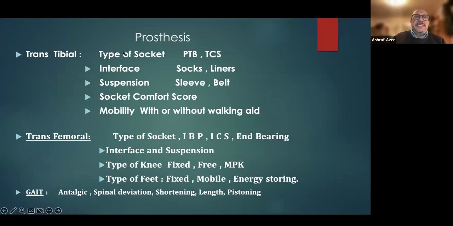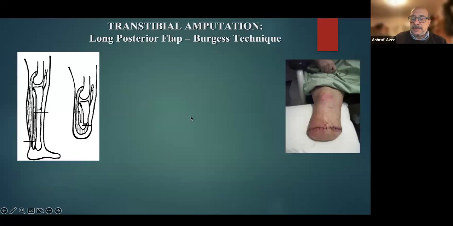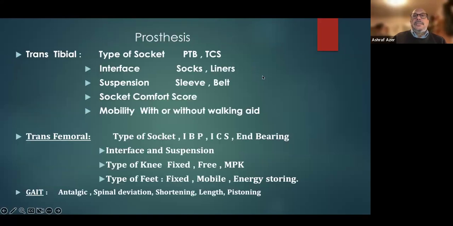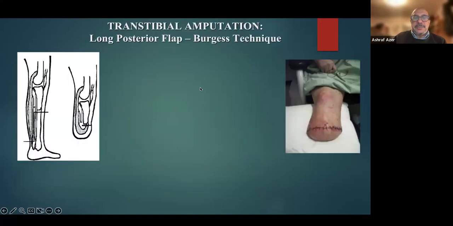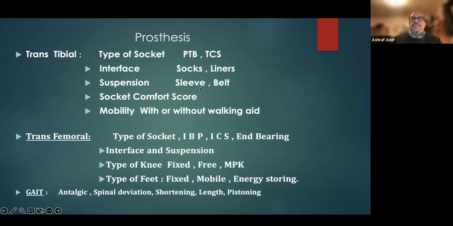To start with, I'll go through them quickly, and please feel free to stop me if you want some explanations. Transtibial amputation: you have two types of prosthesis you can see, and we'll see them all in pictures now.